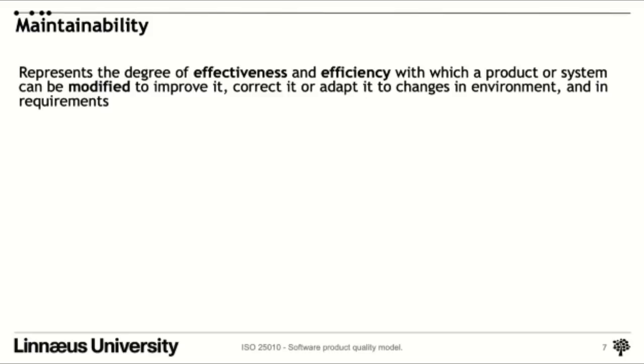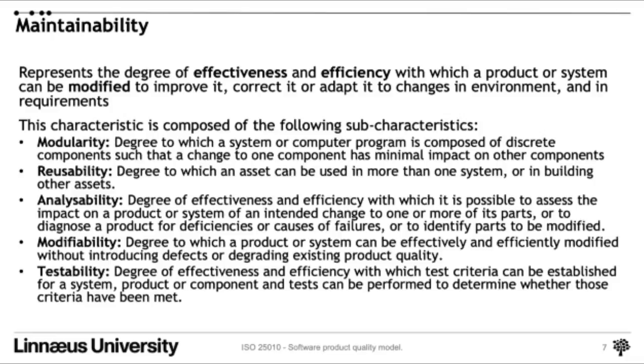In order to understand how maintainable the system is, we need to deal with some sub-characteristics. Modularity is very important. It measures the degree to which a system or computer program is composed of discrete components, such that a change to one component has minimal impact on the other components.